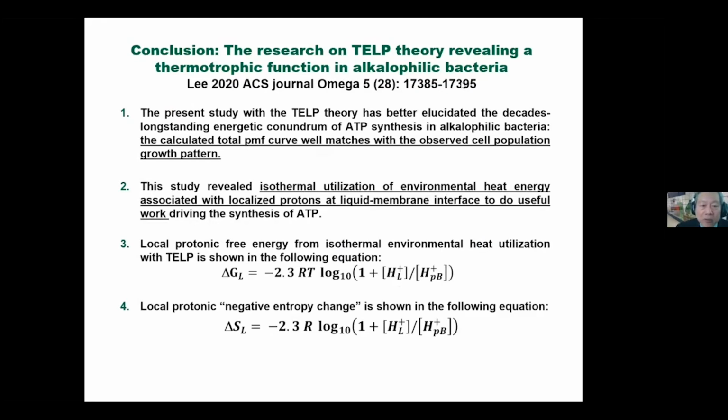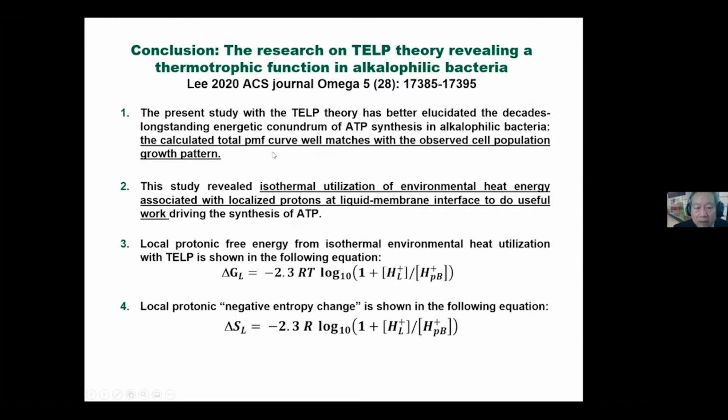Because of time, I'm going to run a little fast. This part, the present study, with this transmembrane electro-local proton theory, better explains the decades-long conundrum, the mystery of ATP synthesis in agricultural bacteria.